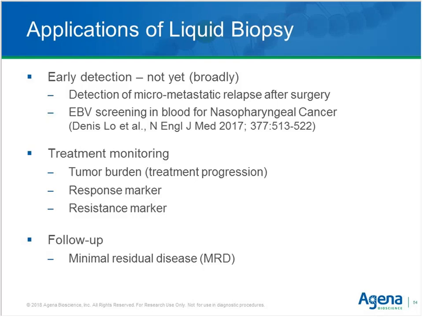However, you can already use liquid biopsy, for instance, for detecting micrometastasis, relapse after surgery, or in certain cases, like demonstrated by Dennis Lo, Epstein-Barr virus screening in blood can help to identify cases of nasopharyngeal cancer. So that is one of the cases where detection and screening can already be applied.